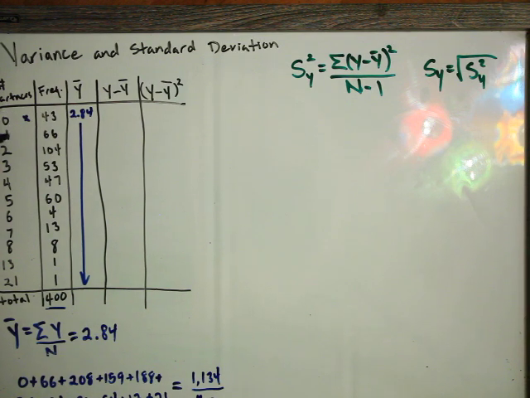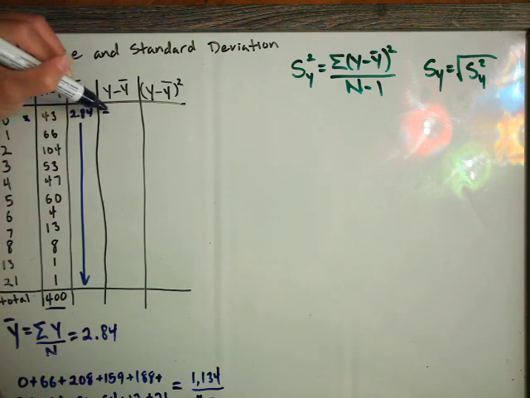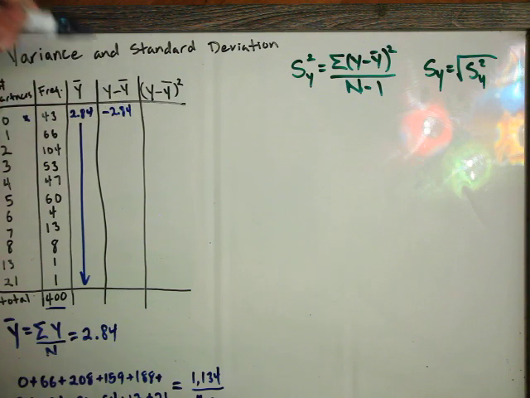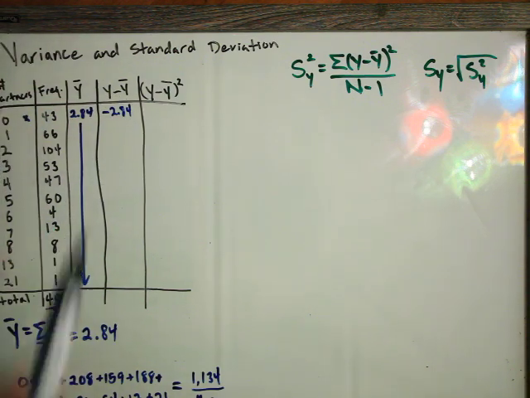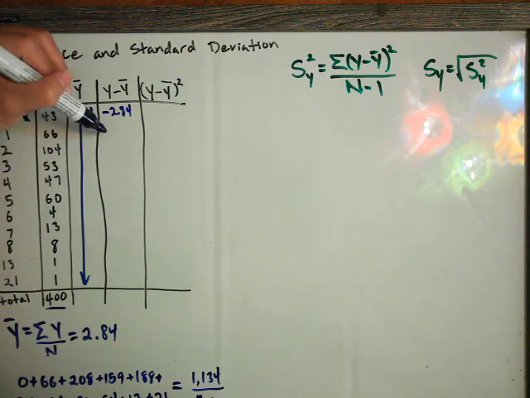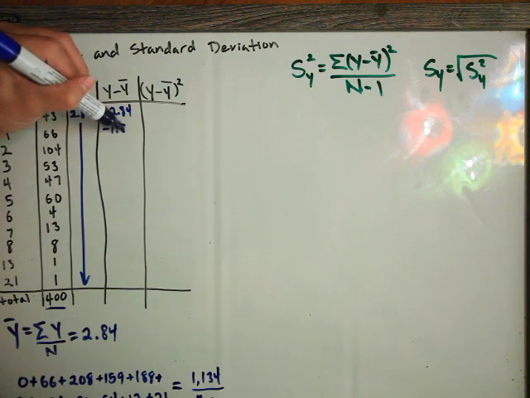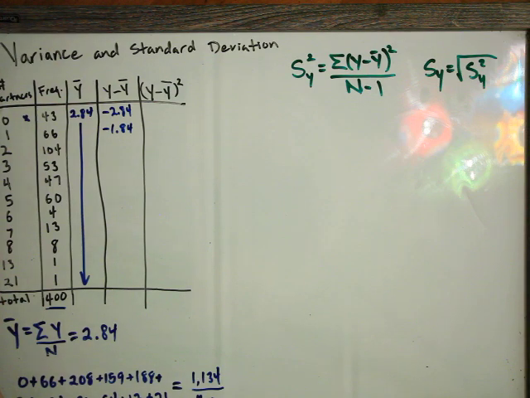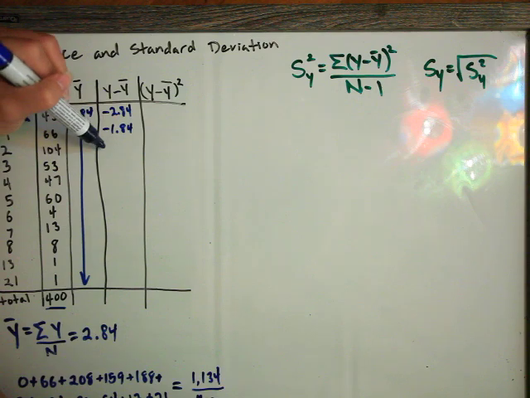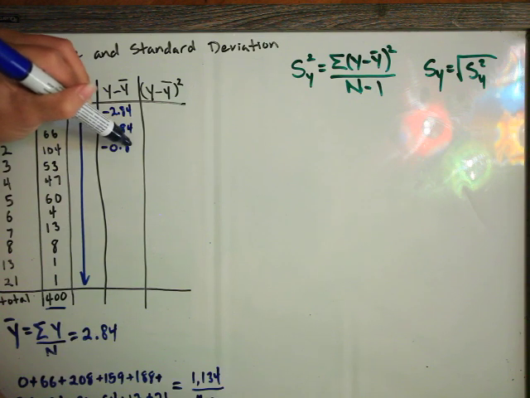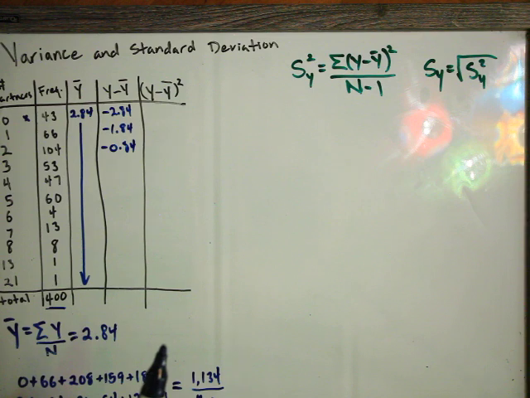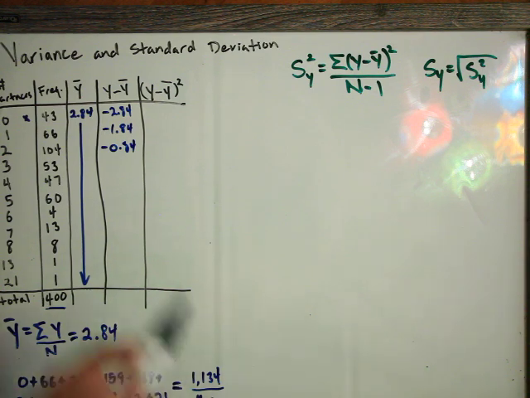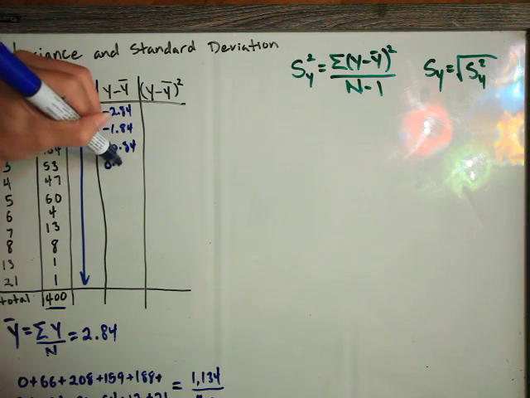So 0 minus 2.84 is negative 2.84. 1 minus 2.84 is negative 1.84. 2 minus 2.84 is negative 0.84. 3 minus 2.84 is 0.16.